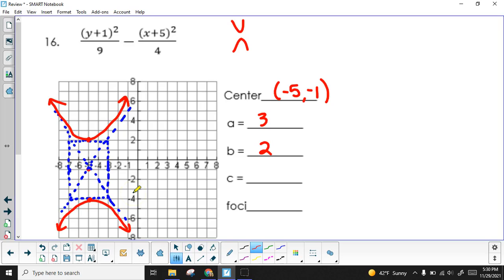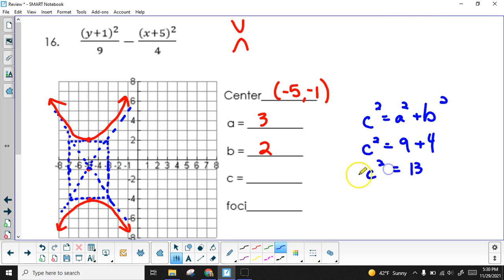To find our c value and our focus points, we need to use our relationship that c squared equals a squared plus b squared. We have our a and our b. So a squared is 9, b squared is 4. That gives us c squared is 13, which gives us that c is the square root of 13. And for our foci, they are going to be located square root of 13 units from our center, which is at -5, -1.